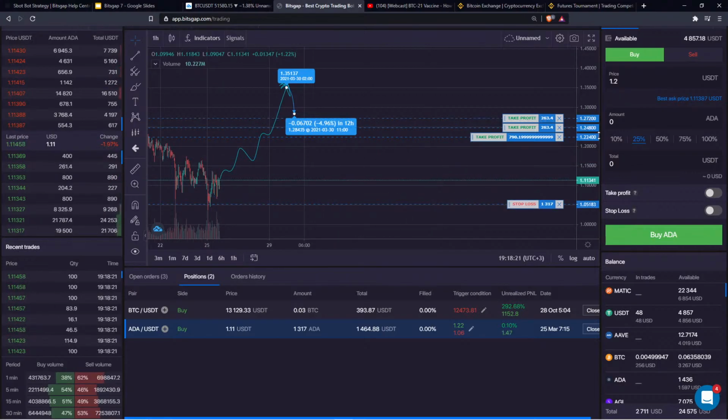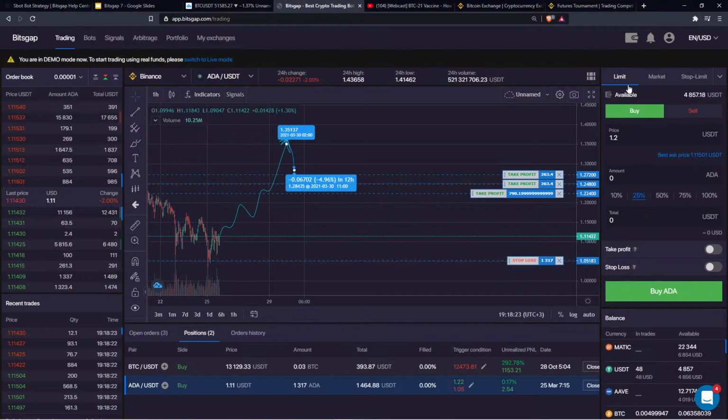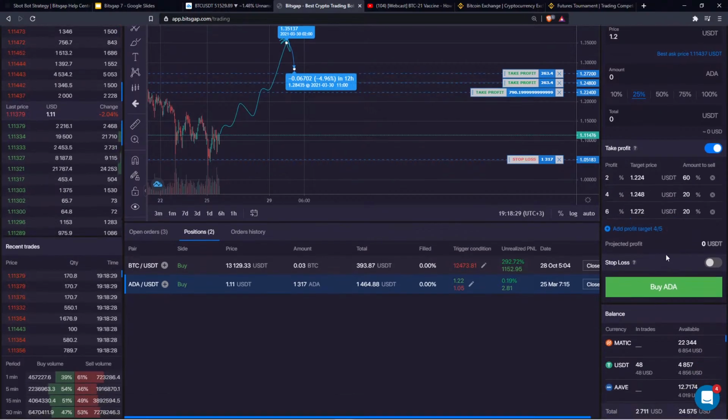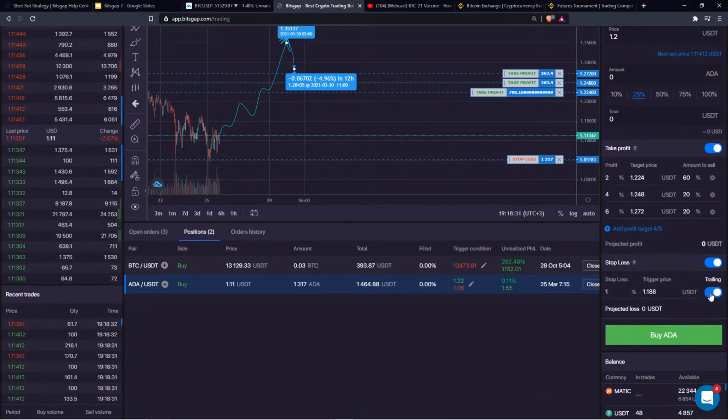And that's why we have it here right in the limit box, where you can have the take profit configured at multiple areas and the stop loss with the trailing enabled, which, fortunately, if you are right about the price direction and the price goes higher, the stop loss will become your take profit once it trades above the entry price.